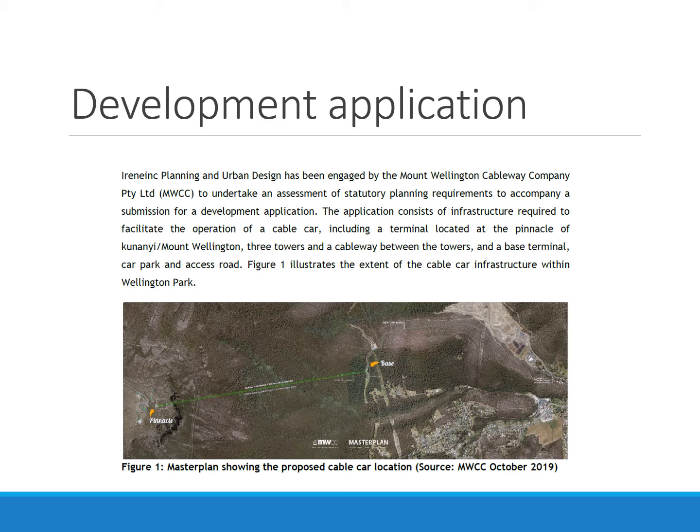So the development application is where the developer, in this case, because it was such a complicated case, through a planning consultant, applied to council with all the necessary environmental and development information so that the planners could put it out for public comment and ultimately make a recommendation to council. Council then votes on it.